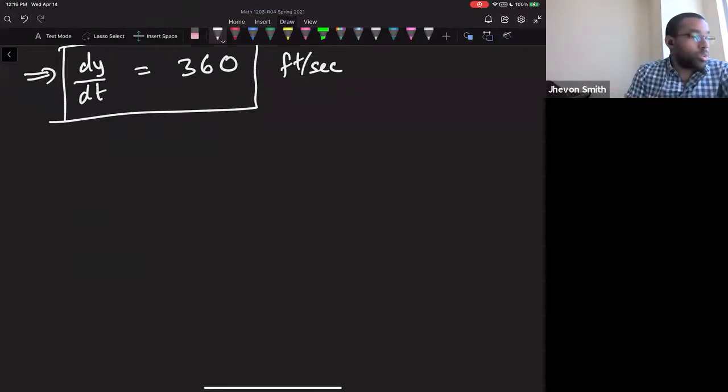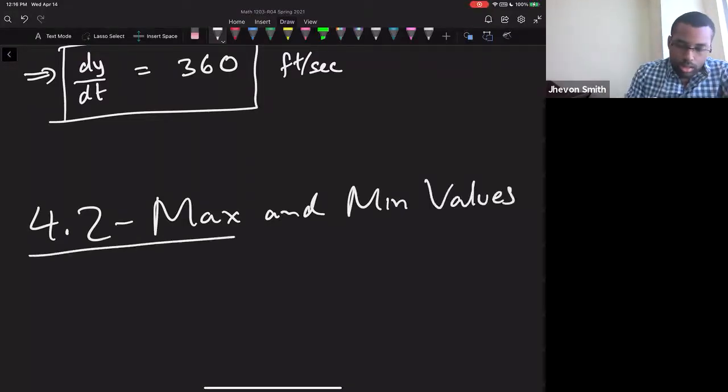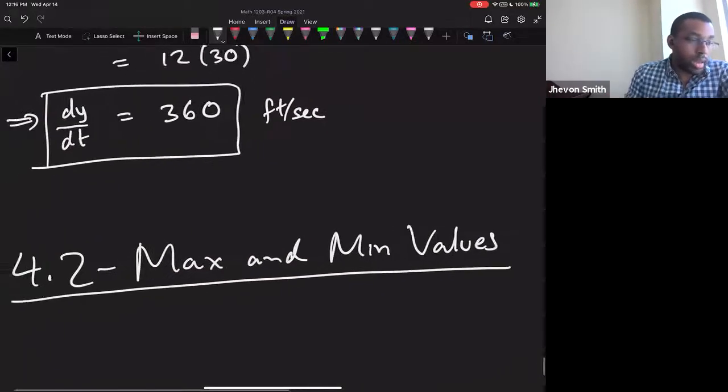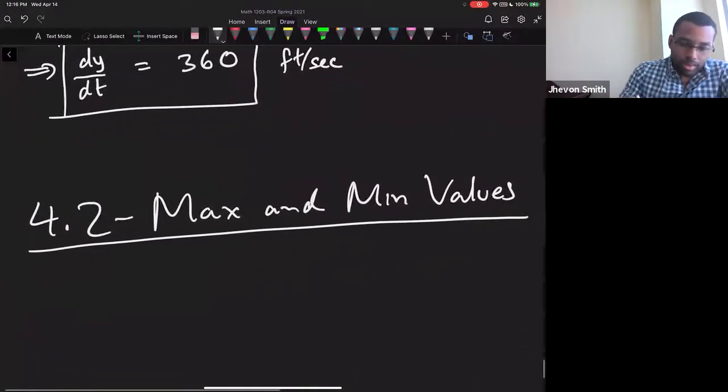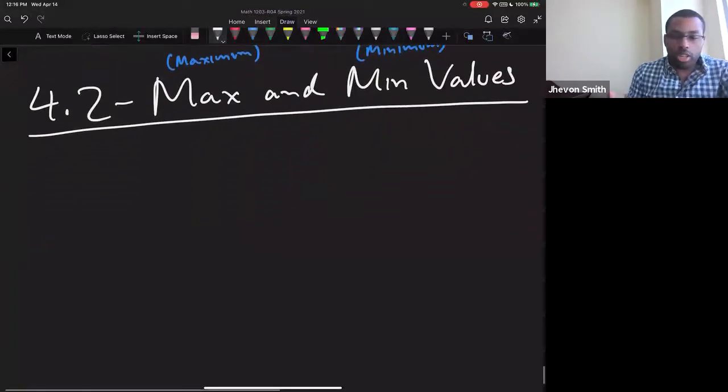Let me just give you some definitions for what we're going to do next time. So next we have 4.2, max and min values. Short for maximum and minimum values. Okay, and we're going to just jump straight into some definitions here.